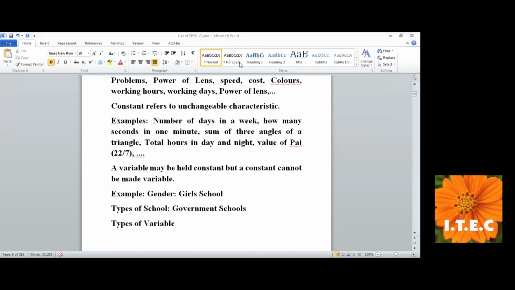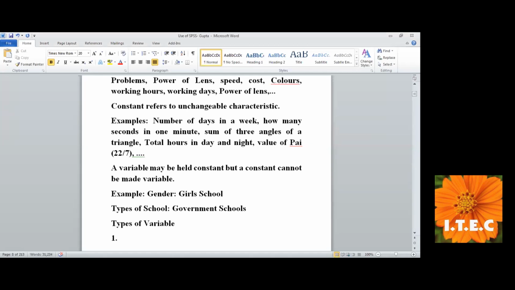Give the names of the types of variable. Yes, some of you have given the correct answer, but the majority of you have given the wrong answer.